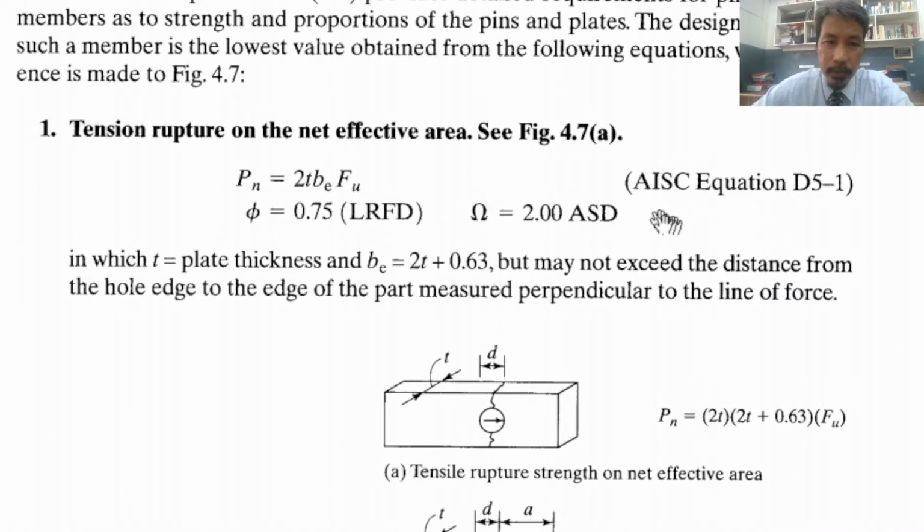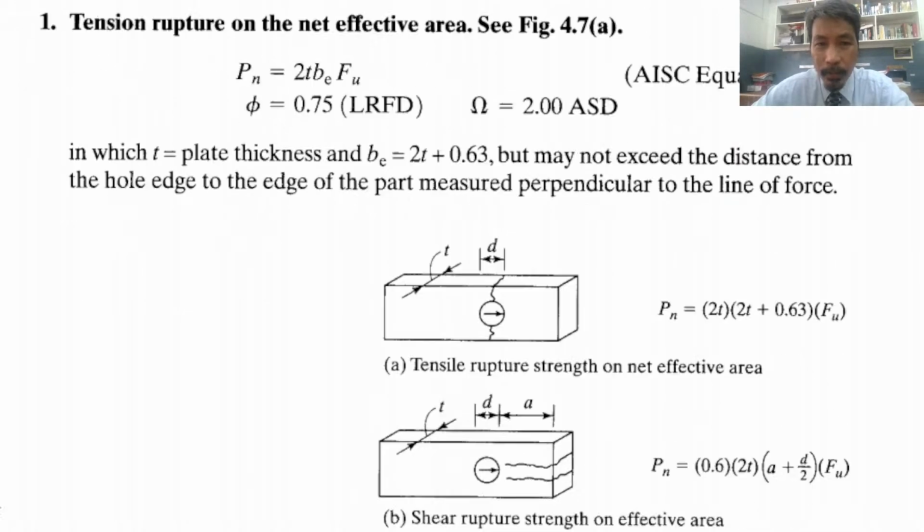We have this formula. This is a new formula, a new concept. The nominal tension force is equal to 2 t b_e F_u. F_u we already know, but you have to multiply that by t b_e.